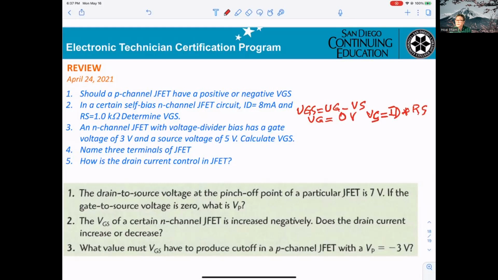The thing is in the JFET, ID will be the same as the IS. So VS equal IS times RS, but you get the same thing, ID times RS.